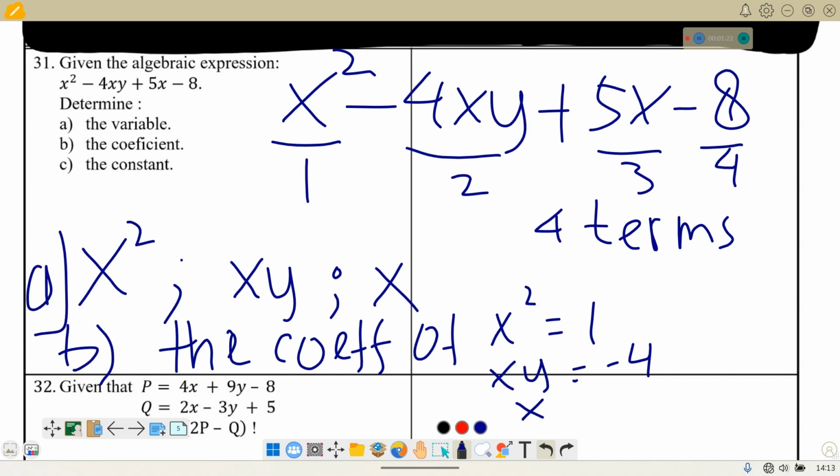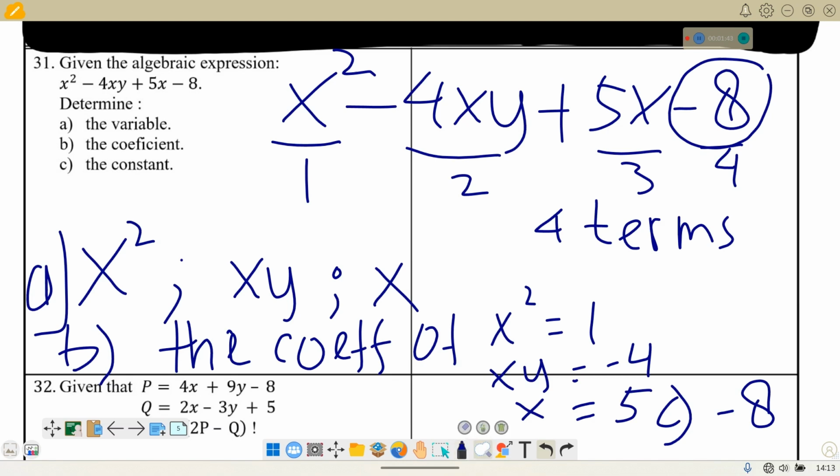The coefficient of variable x equals positive 5, or you can say 5. And then the last question, C, the constant. The constant is only negative 8. I hope you can understand.